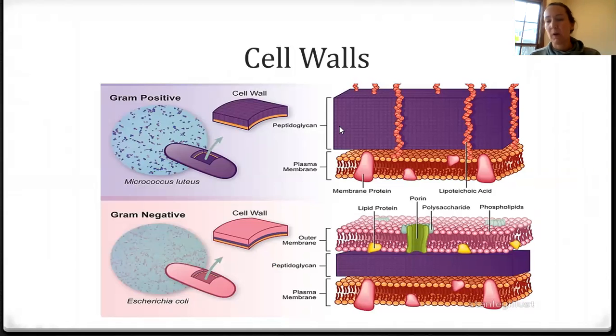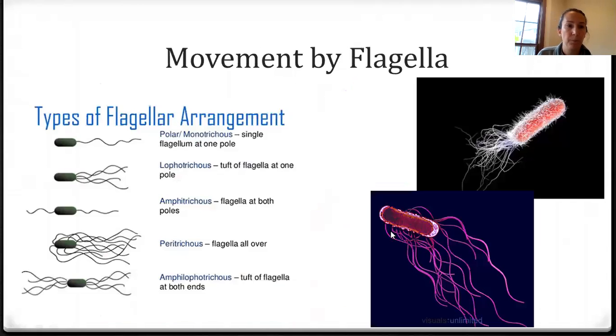Cell walls being gram-positive and gram-negative is basically just how they react to a test, and it depends on what they're made of. You can see that gram-positives have a peptidoglycan wall that's fairly large outside the plasma membrane, and in this one, the peptidoglycan layer is smaller and it's in between a plasma membrane and an outer cell membrane.